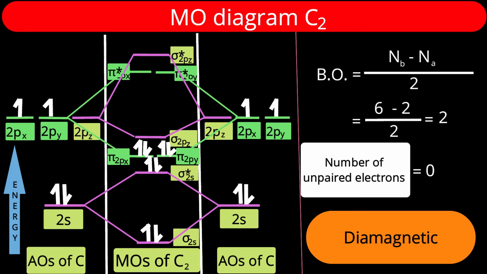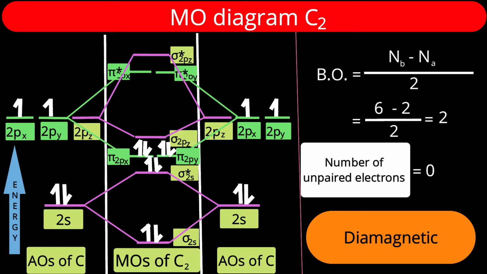And this pi interaction, I want an answer from you. Is this pi interaction weaker than sigma interaction or stronger? Yes, lateral interaction, it is weaker. Because of its weak interaction, resultant bonding orbitals: because of 2px and 2px interaction, I'll get pi 2px as a bonding orbital, pi star 2px as an antibonding orbital.